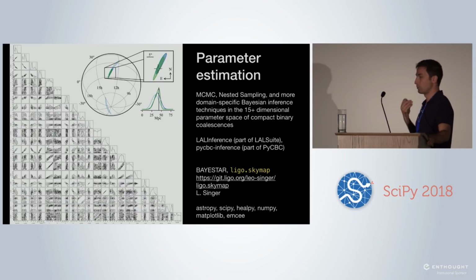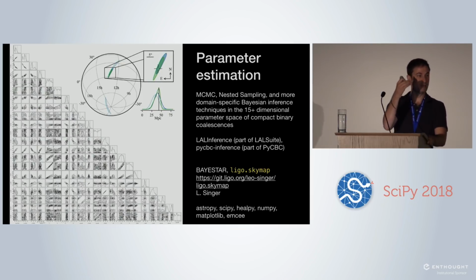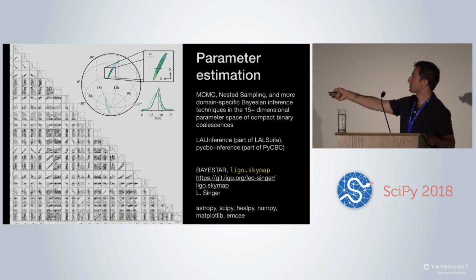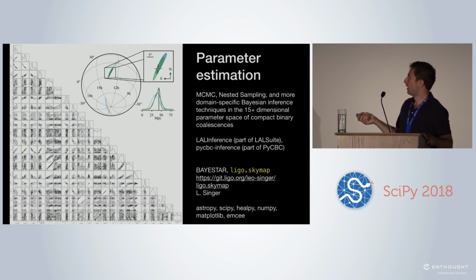Parameter estimation. After we've detected the sources, we want to determine the masses and spins and the sky location and distance of the source. We do that using Markov chain Monte Carlo, nested sampling, and also more domain-specific techniques that are really tuned to the problem that we have to solve.